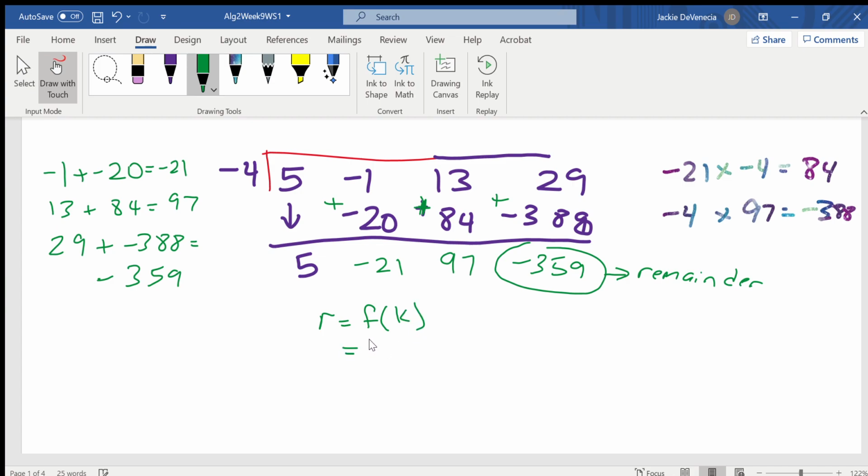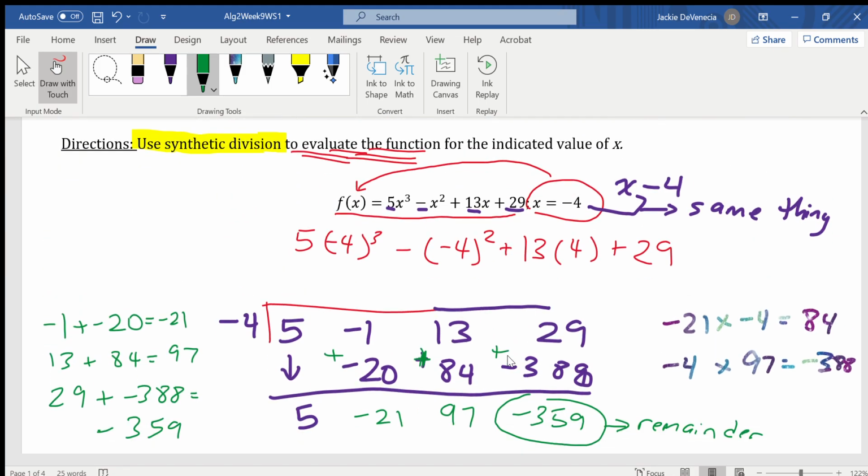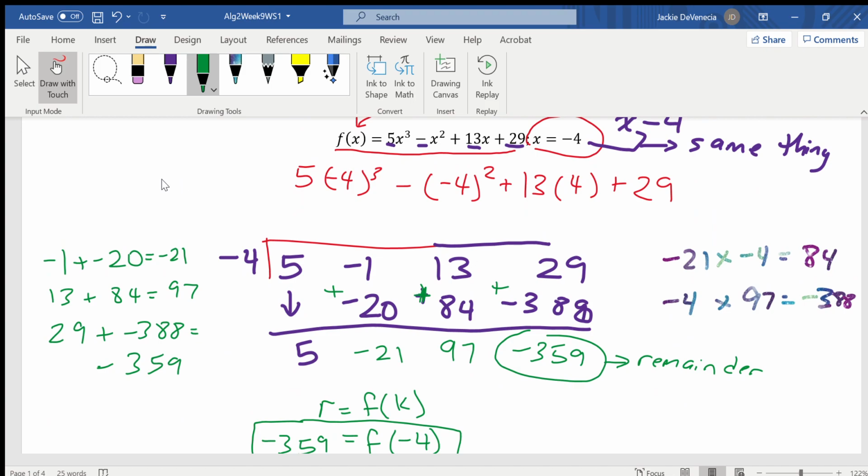In this case, our function, when we plug in the value of negative 4, we're going to get this answer right over here. And that's our answer. And if we were going to go ahead and check our work, we can start plugging in everything.